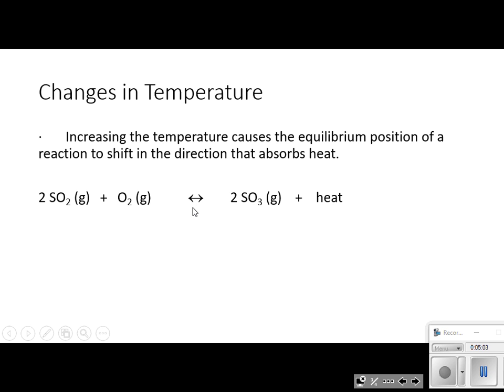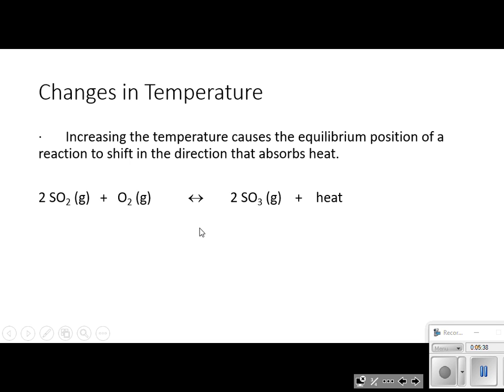If I increase temperature, I'm really doing what? Adding heat, correct? So if I add heat, what side of my teeter-totter is going to go down? This side, right? So if I add heat, that side of my teeter-totter goes down, so it shifts to make more of the reactants.